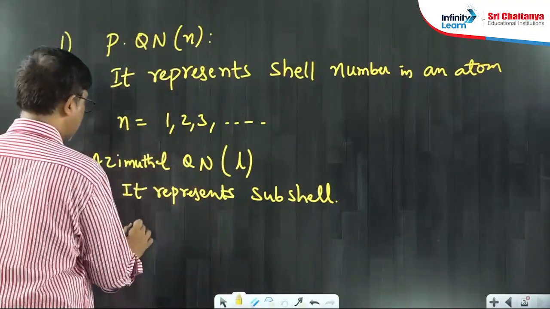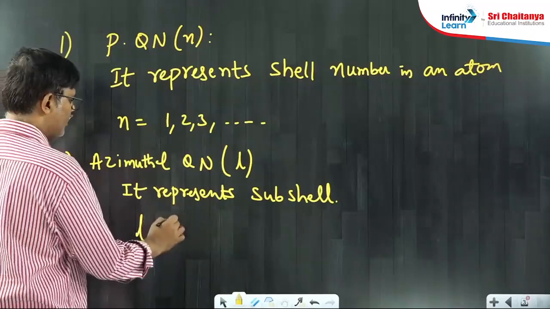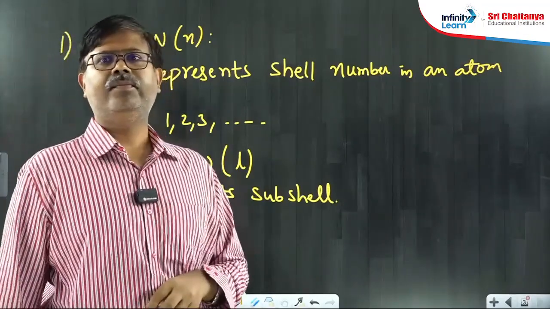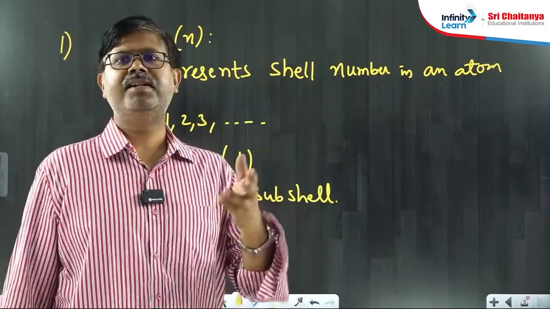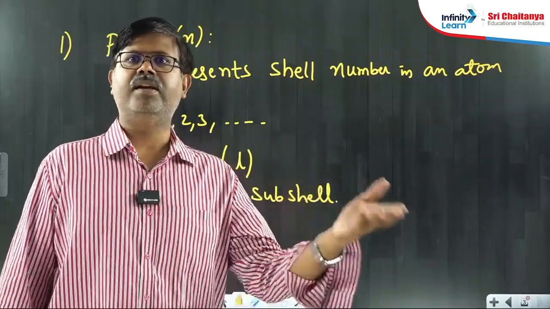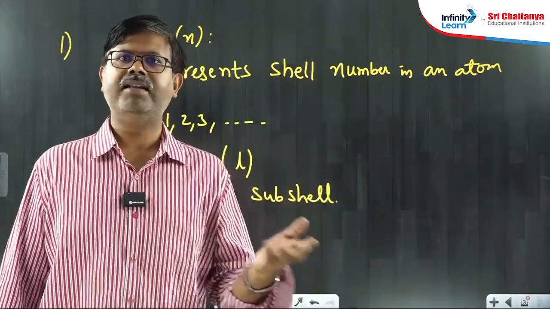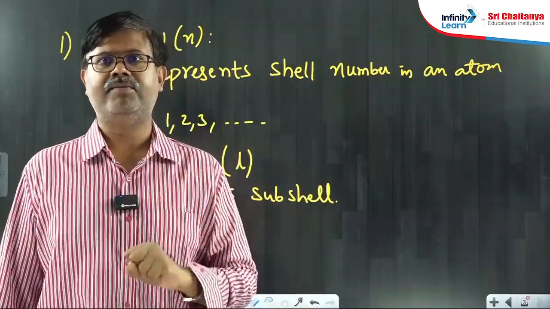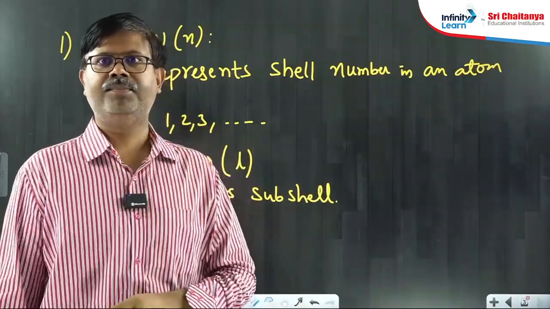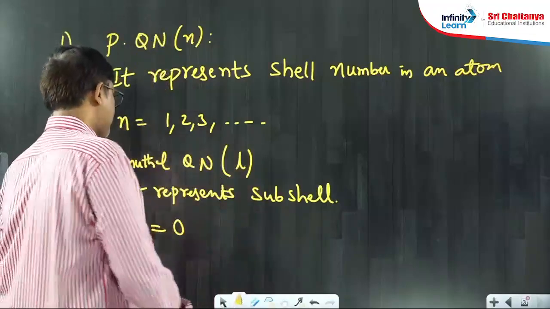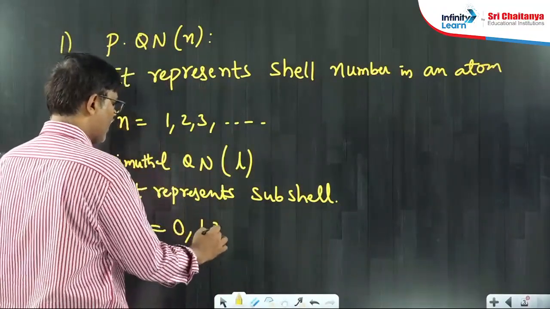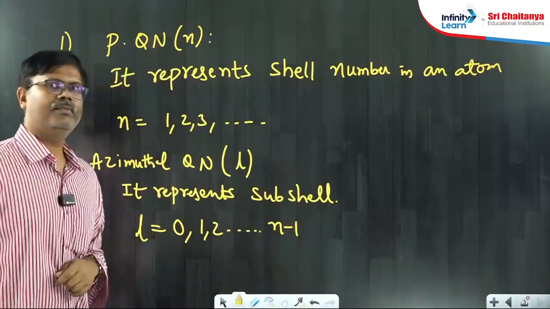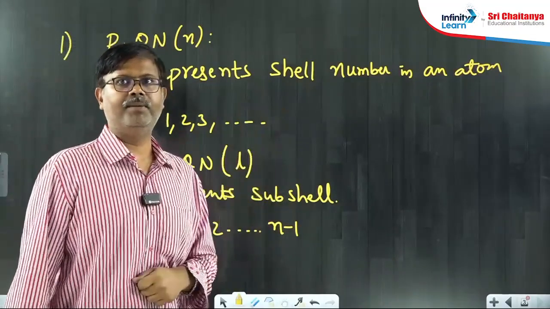And what are the values we give? We start with 0, L is equal to 0. In a city, streets have names like Rajiv Gandhi Colony, Ambedkar Colony, but in an atom, the streets have numbers. The numbers go 0, 1, 2, up to n minus 1, where n is the principal quantum number.